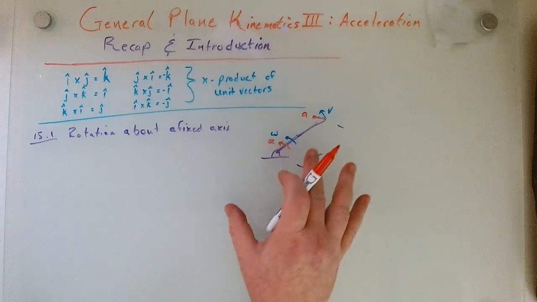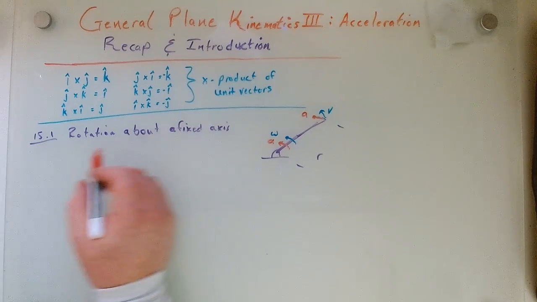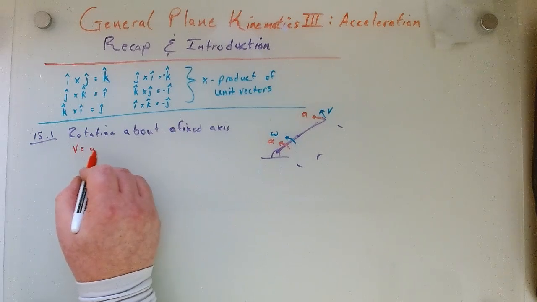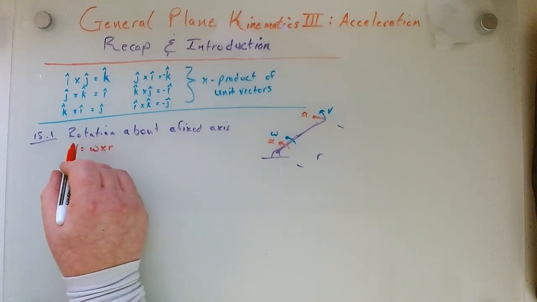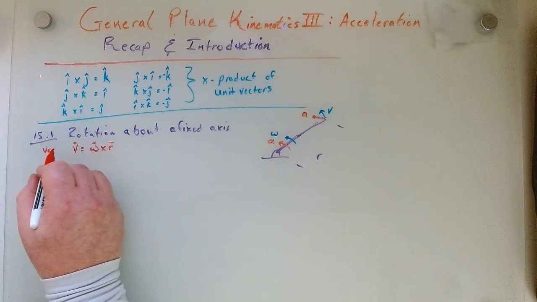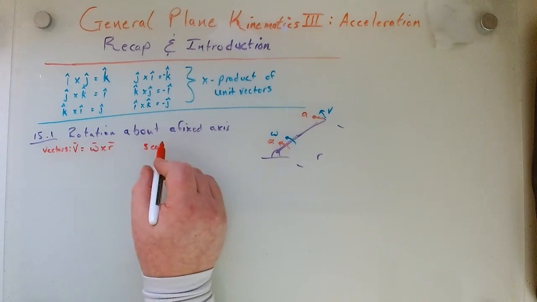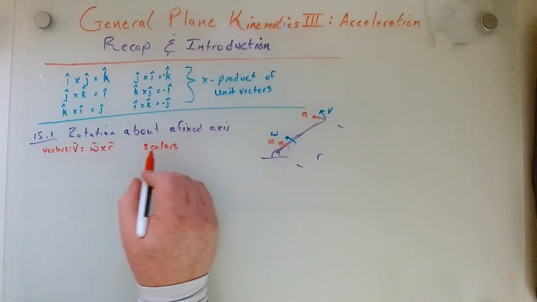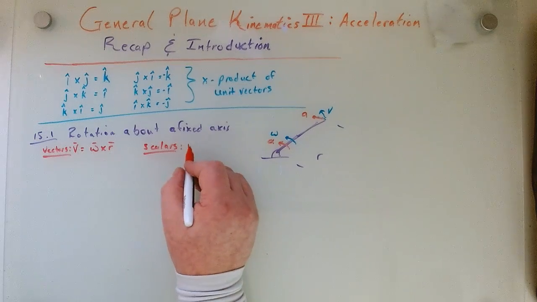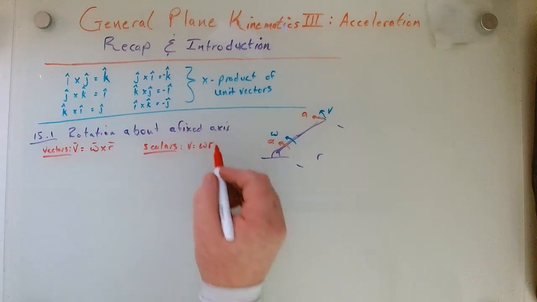The formulas that we needed for that come from the relative motion, but what we found was that v is equal to omega cross r. So these are our vectors, and for the scalars, we'll make another column, although in this case there's only one. The scalars: this is just v equals omega r. So that's how we calculate the magnitude of it.